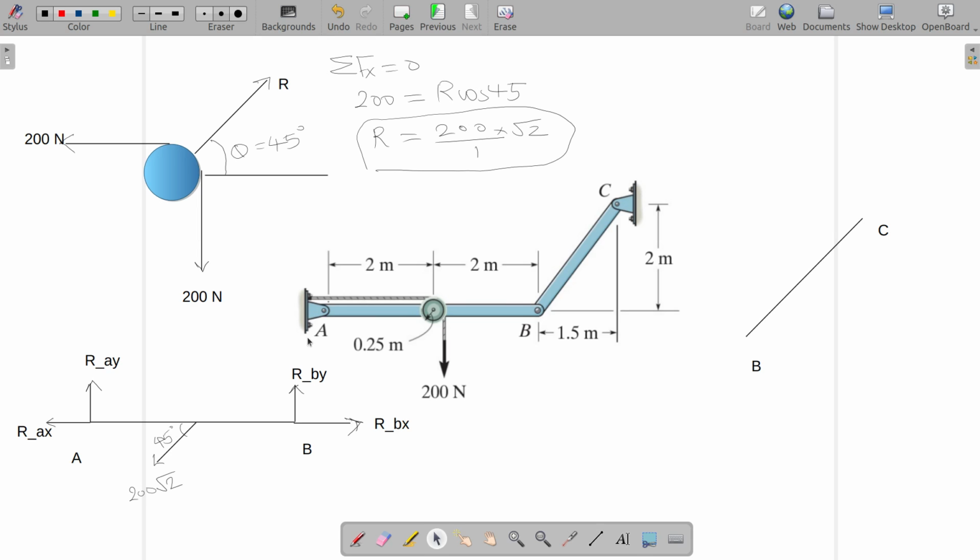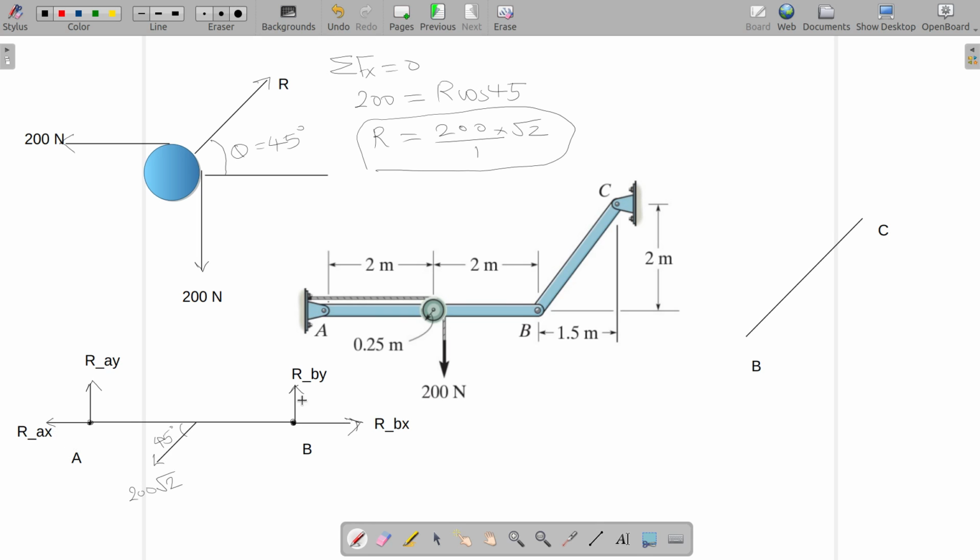Now these are the unknowns for member AB.